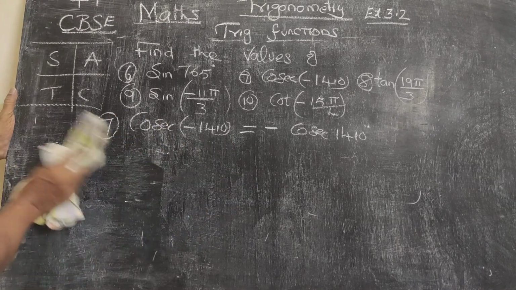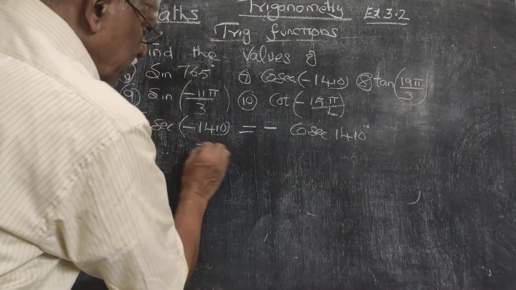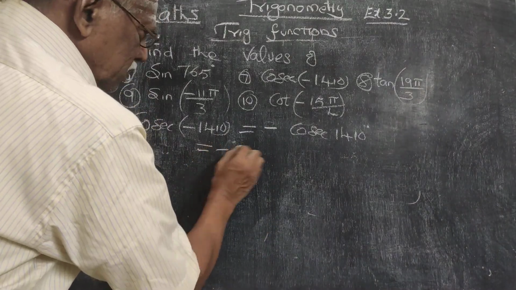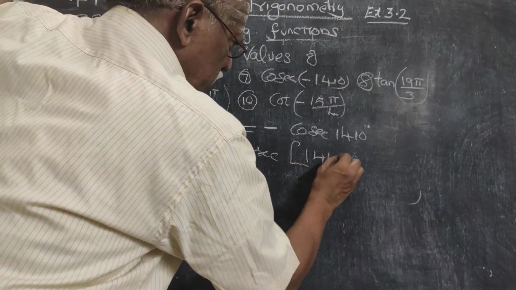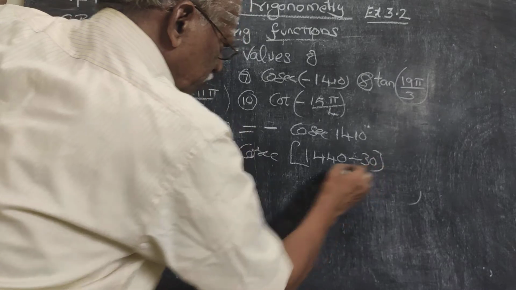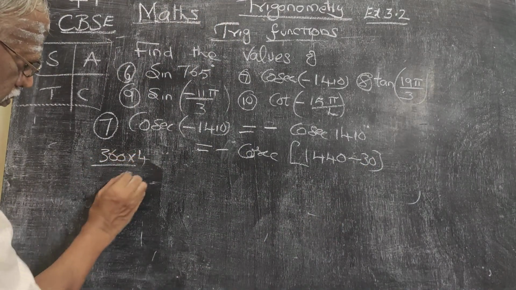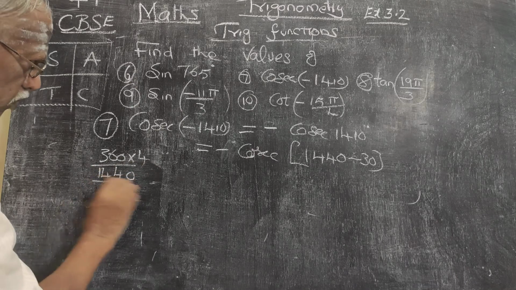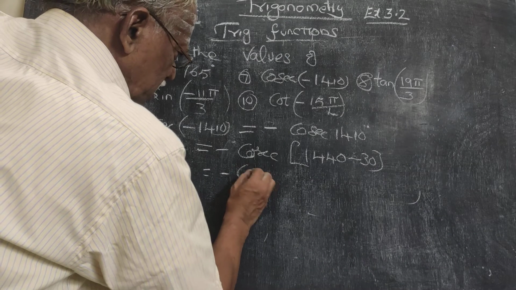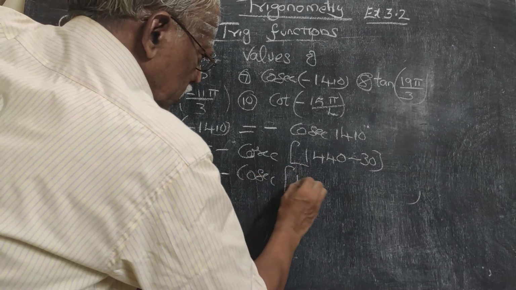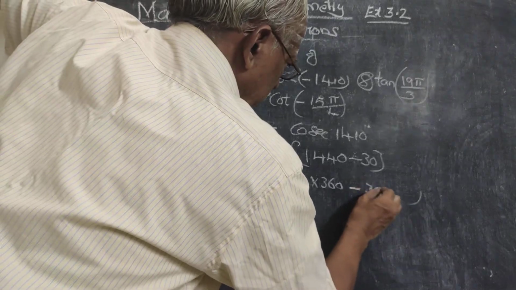Now you must find what is the value of this 1410. How can it be rewritten? So minus cosecant, I can say this is 1440 minus 30. 360 into 4 times is 1440. That's why I am writing this as minus of cosecant of 4 times 360 minus 30.